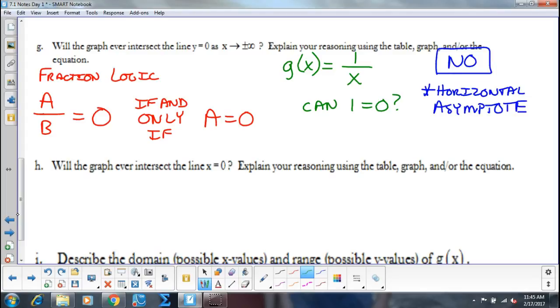Why not? Because then we're dividing by 0, right? Okay. So this one is no, because the function is undefined.